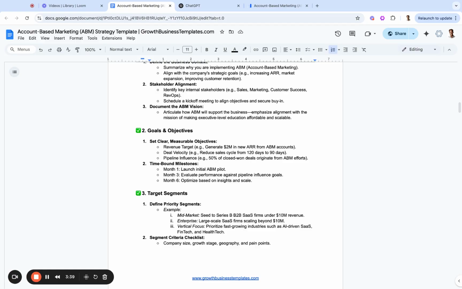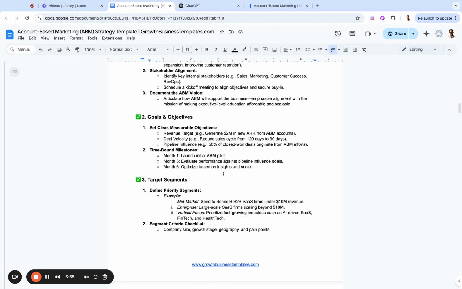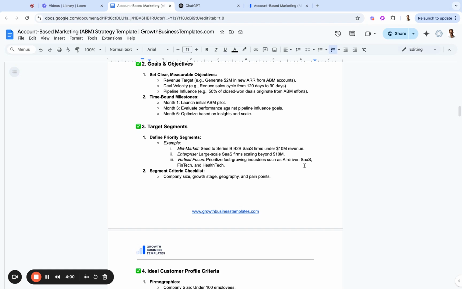Ultimately, it tends to be drive revenue growth, but there are different KPIs and success metrics that you may be using. And then it really helps to include milestones in a timeline here to set expectations of what will be achieved in a certain amount of time.